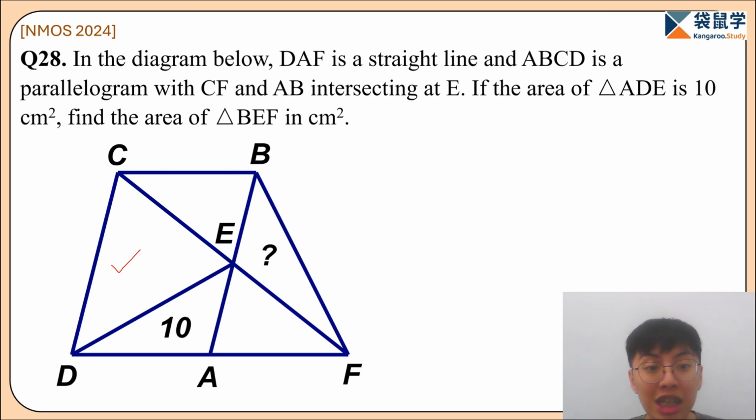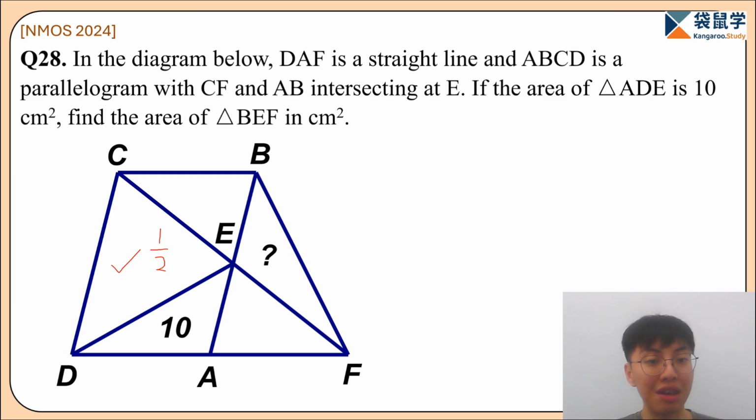This triangle CED will be half of the area of the parallelogram ABCD. But because we just want to find the area of triangle BEF, and we only have the area of triangle ADE, we don't need to write down the half for triangle CDE.